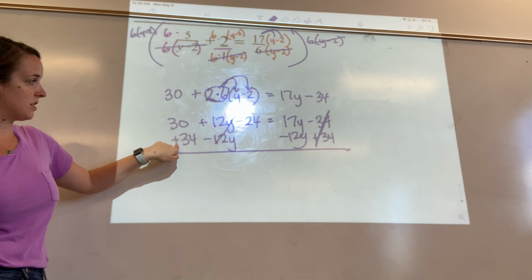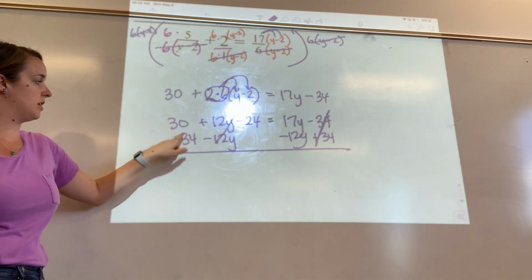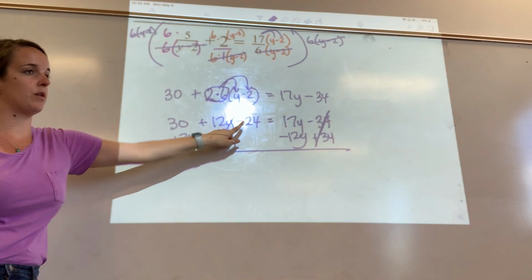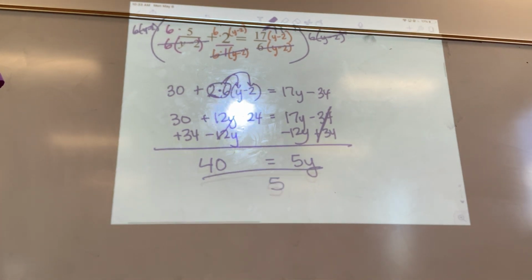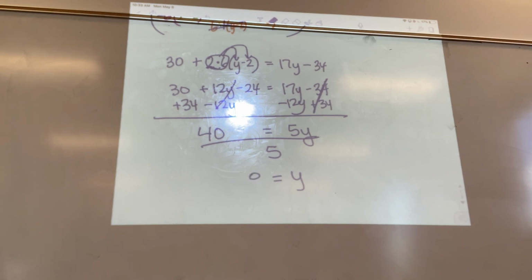I'd do 30 plus 34 minus 24. So 30 plus 34 would be 64. Minus 24 would be 40. Equals 5y. Divide by 5. y equals 8.